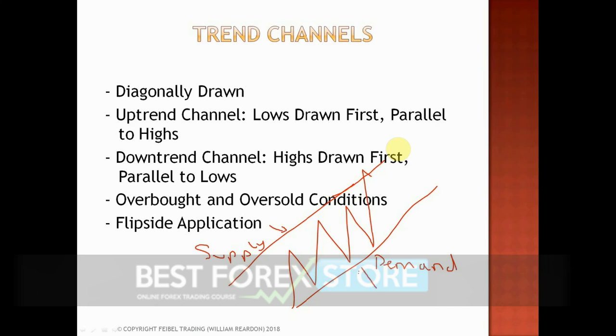When price touches or gets very close to the supply line, we are considered to be overbought. Why? Because we're buying and we're moving up.